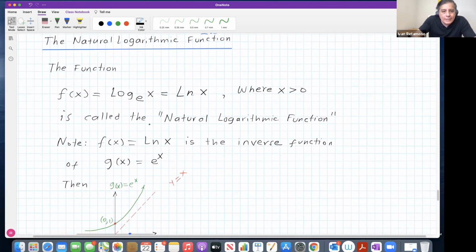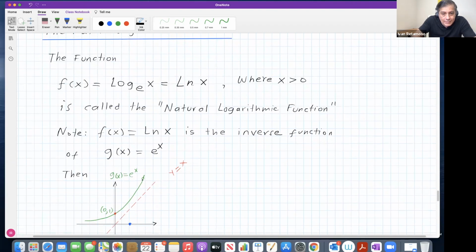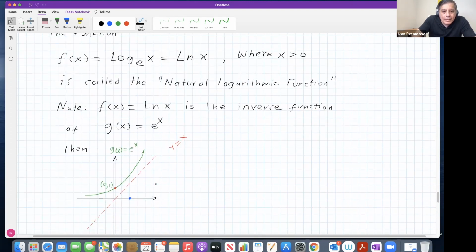Mathematicians notice that this natural exponential function, whose graph is this, is a one-to-one function. Therefore it has an inverse function, and its graph will be the reflection of this exponential function about the line y equal x, this diagonal line.